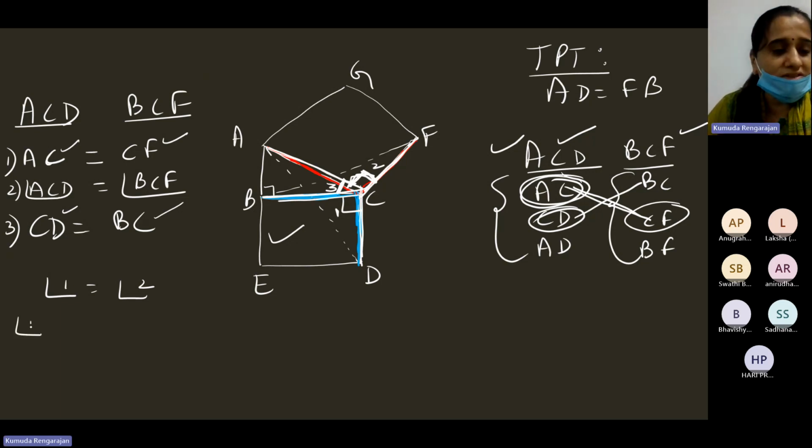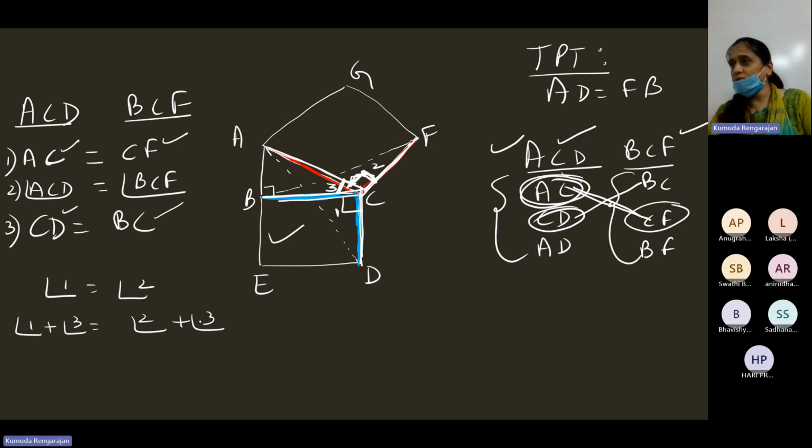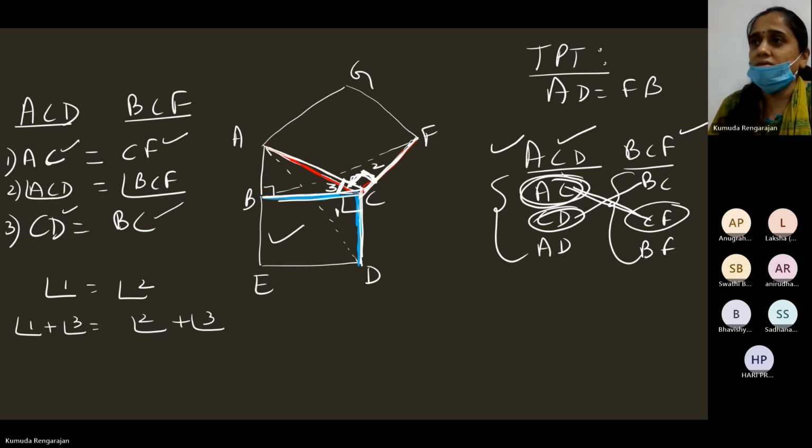Now we'll add angle 3 to both the sides. When you have an equality, you can do anything, but do the same thing to both the sides. In an equality, we have LHS and RHS. Whatever you do to the LHS, do the same thing to the RHS. So I have angle 1 is equal to angle 2. I'm adding angle 3 to the left hand side, do the same thing to the RHS.